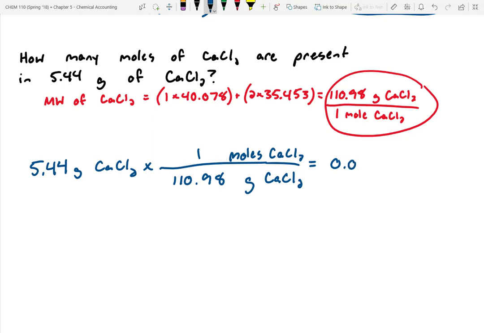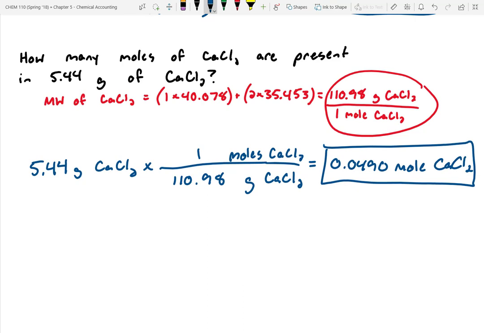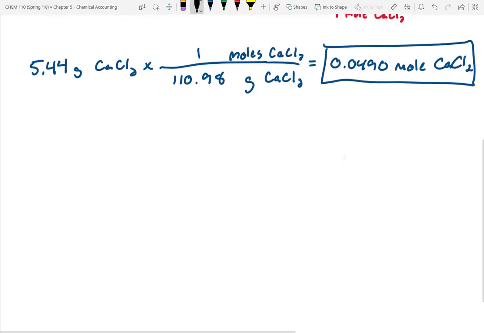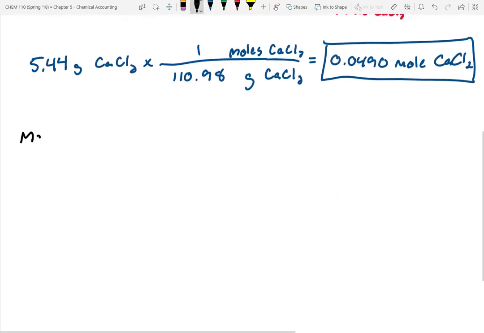So it should be 0.0490 moles of calcium chloride. And that would be our final answer there. Does that make sense? A lot of it's kind of tedious, just unit conversions, but it's really important that you set up your unit conversions correctly. All right, let's do really quickly. We'll go moles to mass, kind of the backward one.